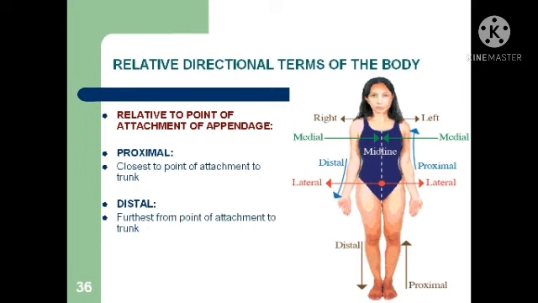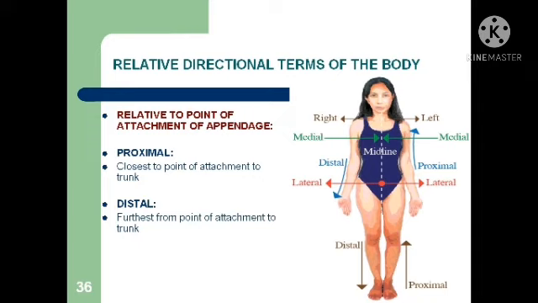Relative to the point of attachment of an appendage. Appendage means the upper and the lower limb, the appendicular skeleton. The proximal means closest to the point of attachment to the trunk, and the distal is away from the point of attachment.